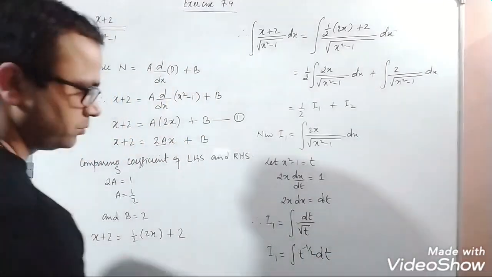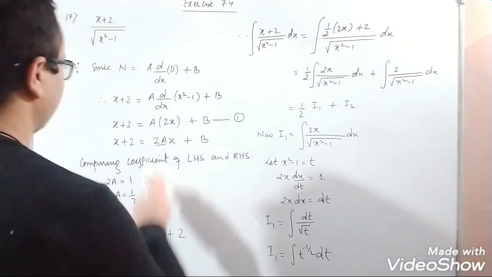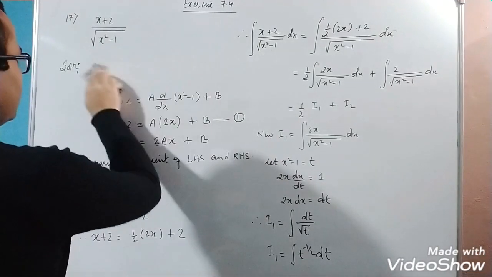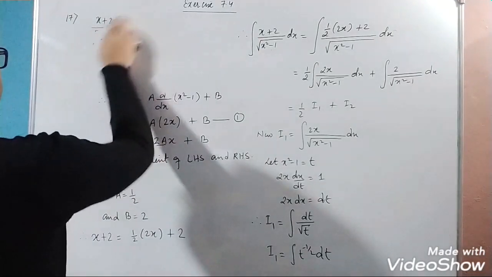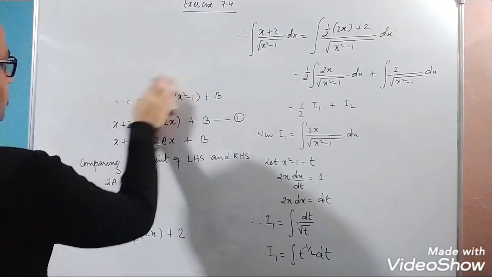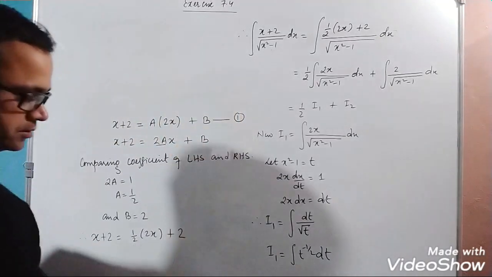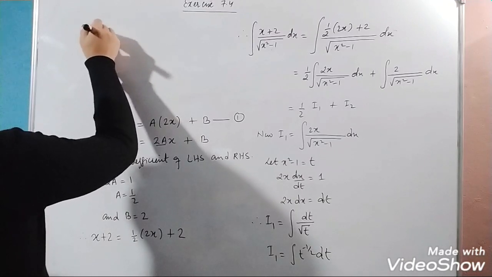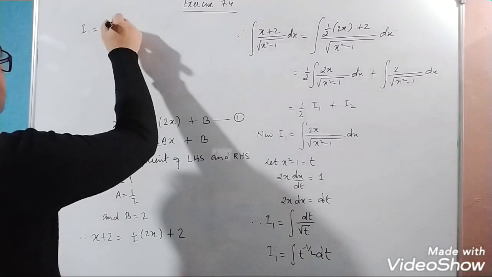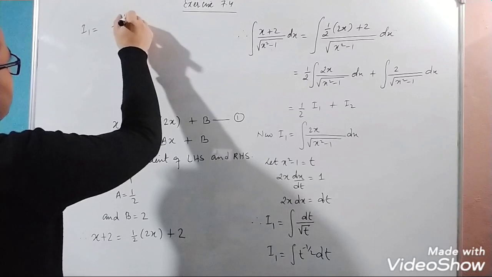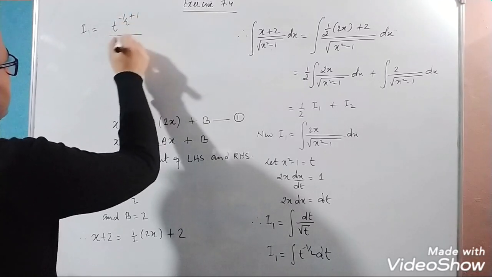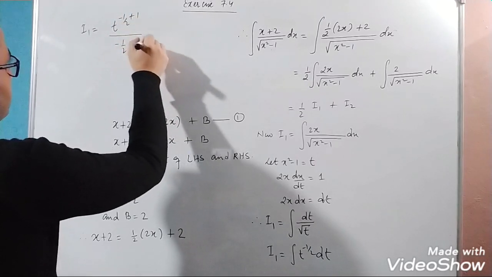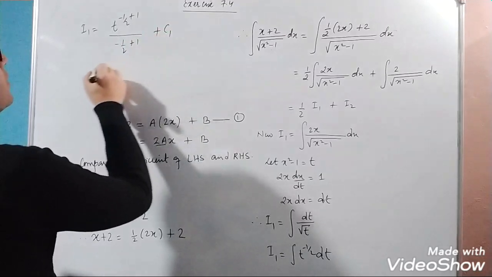Now what is the formula for x to the power n? The integration of x to the power n is x to the power n plus 1 divided by n plus 1. So I1 equals t to the power minus half plus 1 divided by minus half plus 1, plus c1.